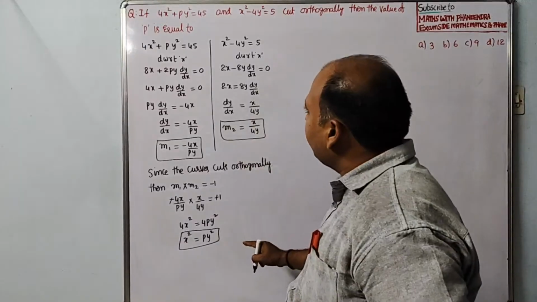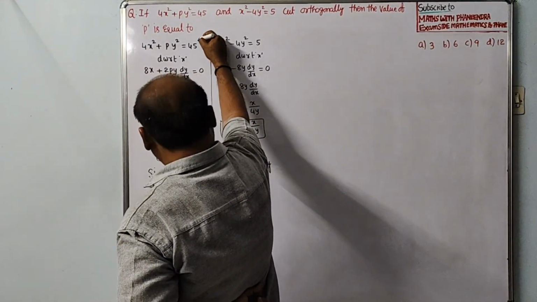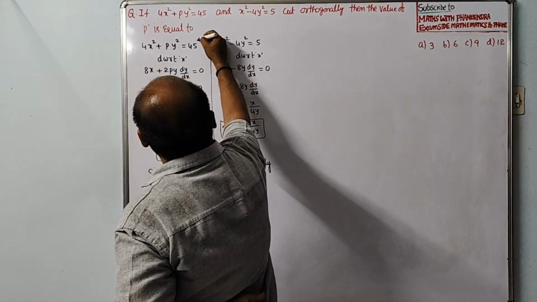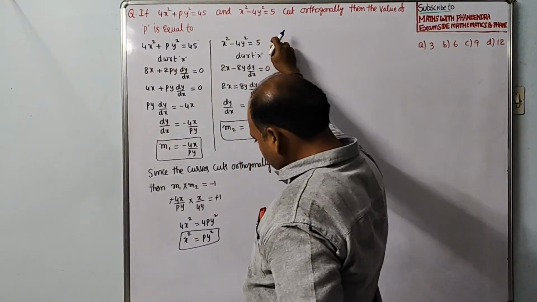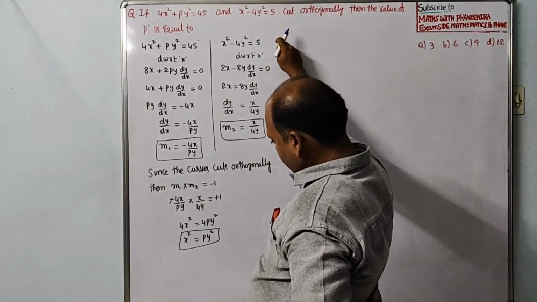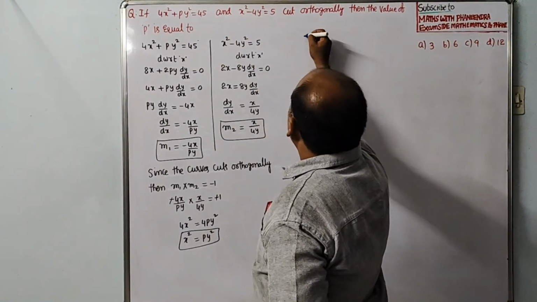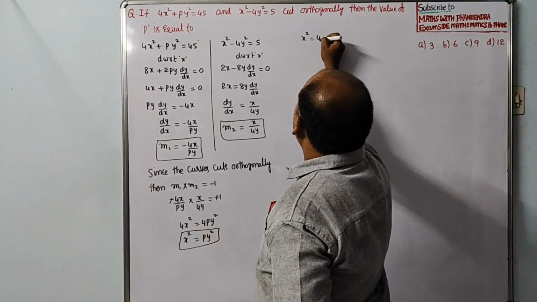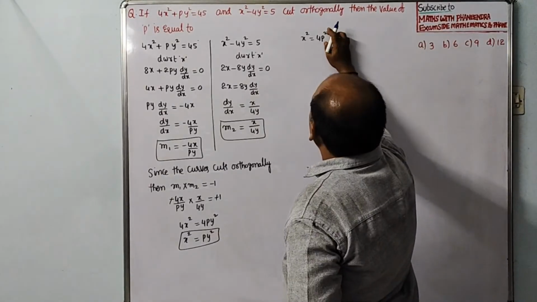So this x square value, substitute in here. Better to substitute in this. x square is equal to py square.